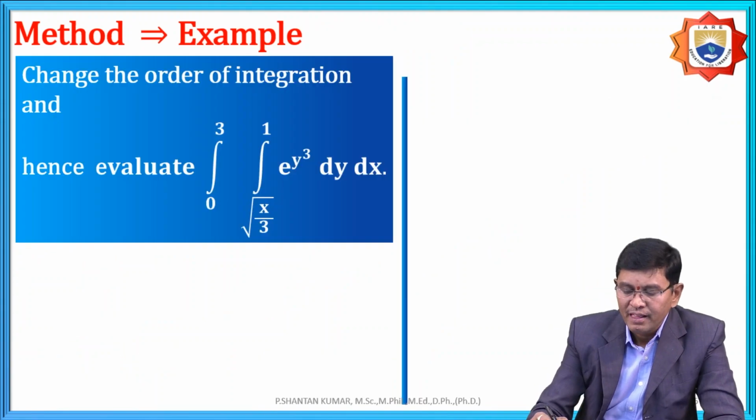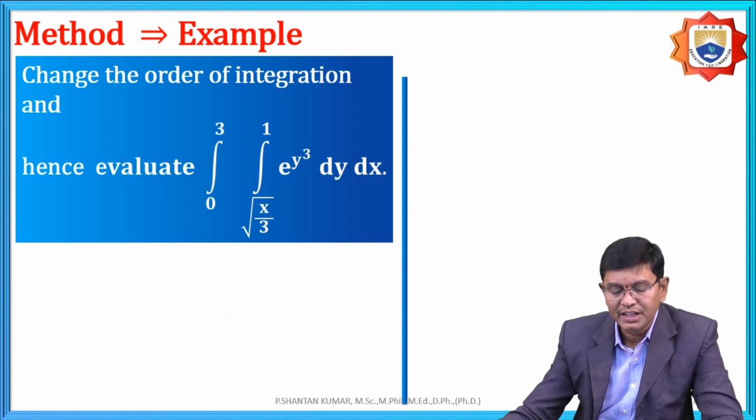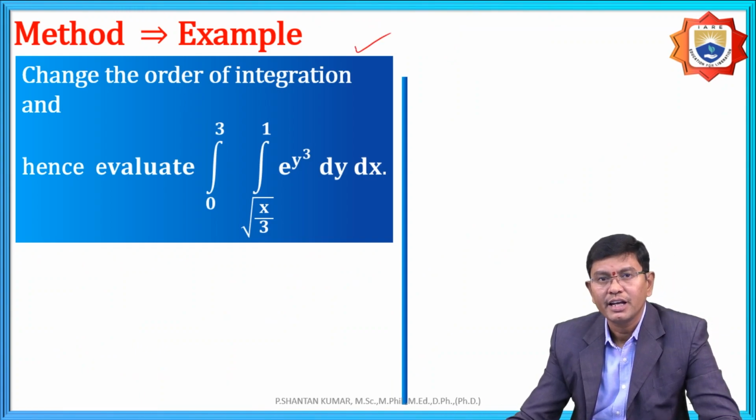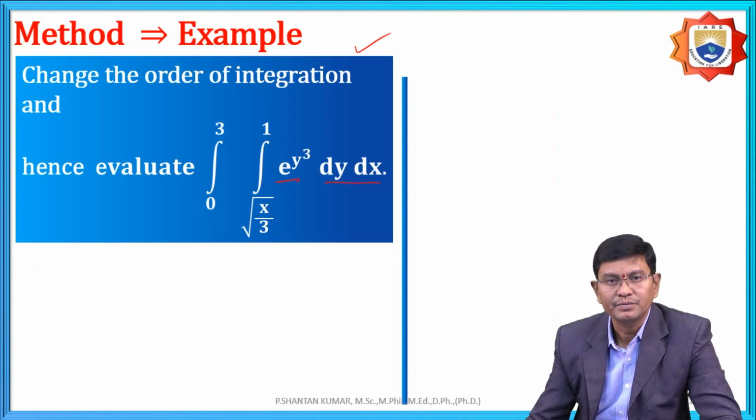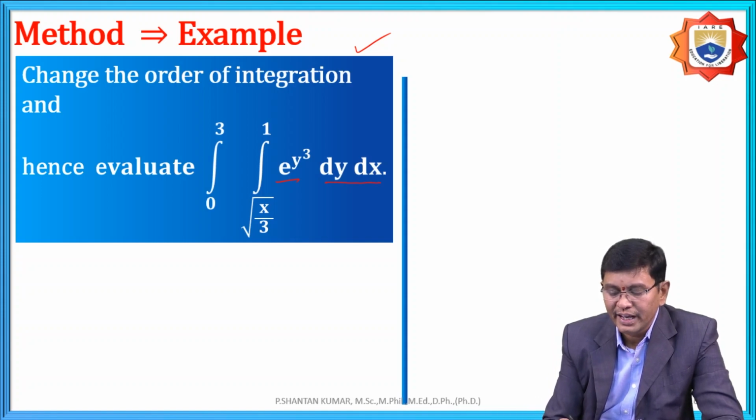Similarly, for example, change the order of integration and evaluate, with x between 0 to 3 and y from x by root 3 to 1, of the function e power y cube with respect to dy and dx. In this problem also, the given problem is in terms of x.